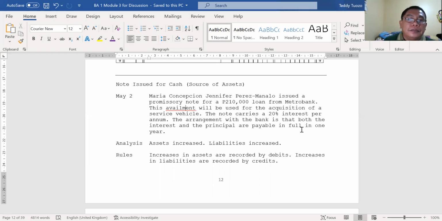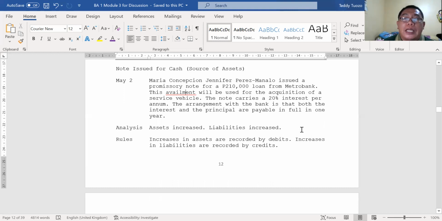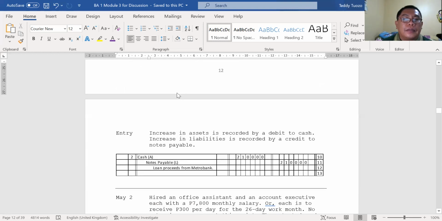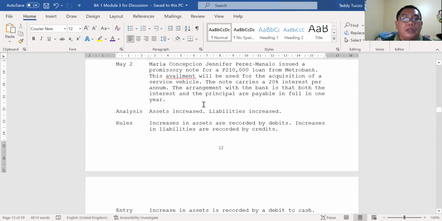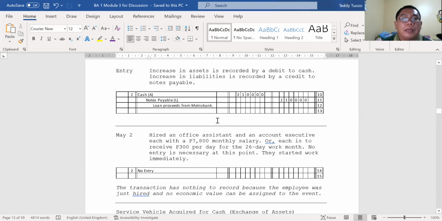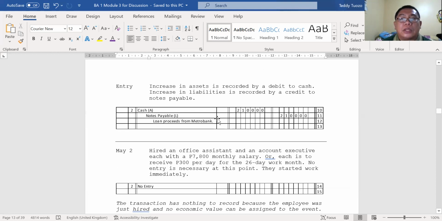Take note that the normal balance of assets is debit. So the entry to cash here is debit, and since the normal balance of liabilities is credit, and the notes payable account is increased, the entry to notes payable is a credit entry. So we have here the transaction below: debit to cash and credit to notes payable, of course, for the same amount.